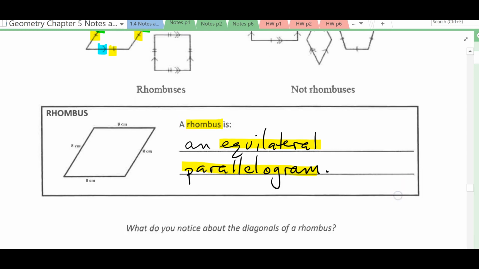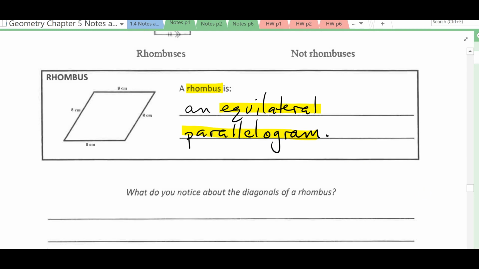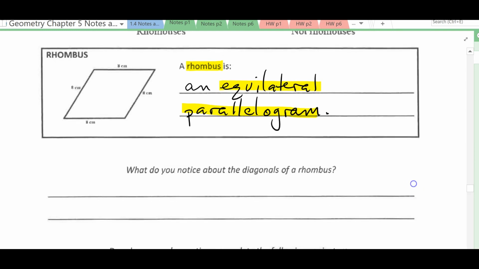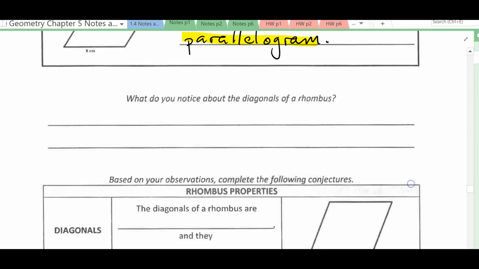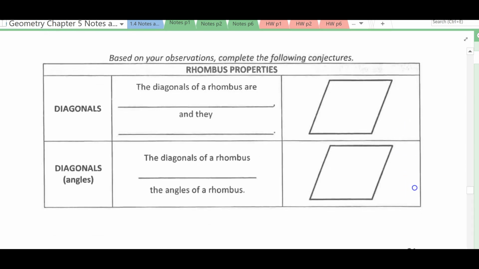Alright, so again, I'm going to keep reminding you in the video, remember all the polygons we're talking about are quadrilaterals and specifically parallelograms that we're going to give some special characteristics to change them into other special parallelograms.